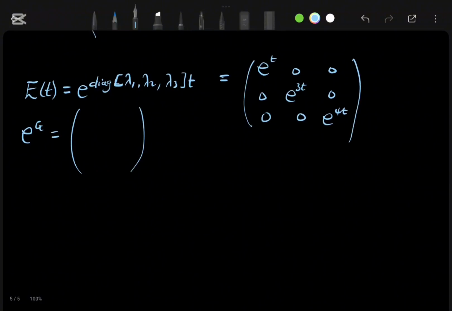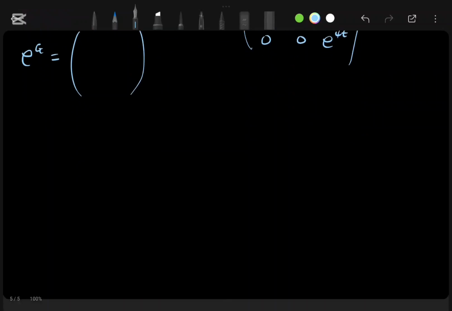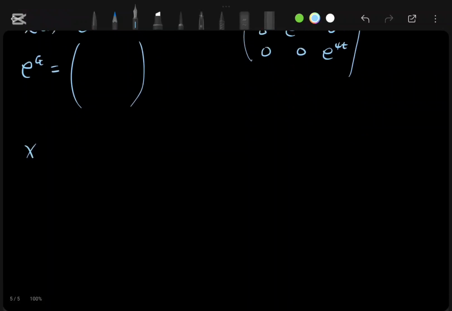So when you take out the T's, you're going to have E to the power G. So our solution, which is given by X of T equals E to the power G T X naught, is also expressed as P E of T P inverse X naught. So when you write this expression, we'll have our solution.